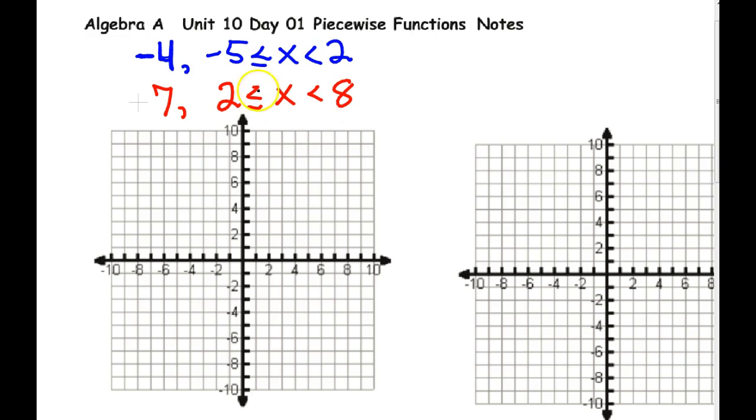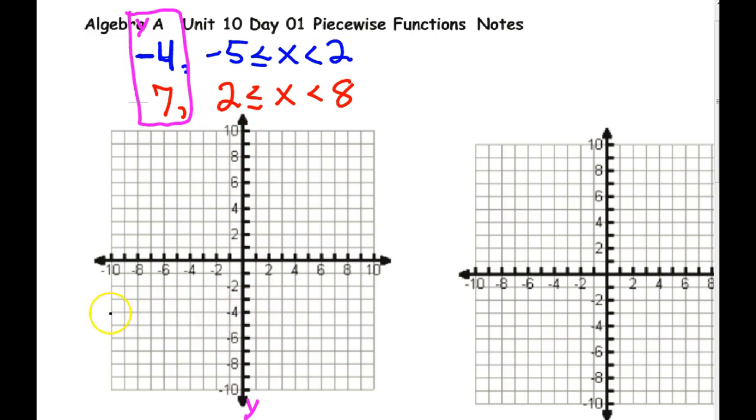Careful with the inequalities, make sure you get the lines underneath these two. And remember that these are the y's. So you start on the y-axis, vertical. We've got y equals -4, so you go down the y-axis to -4.